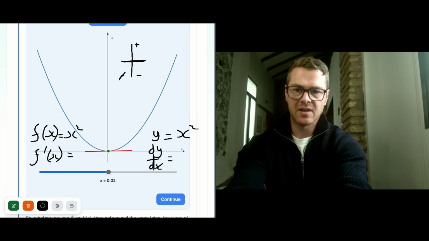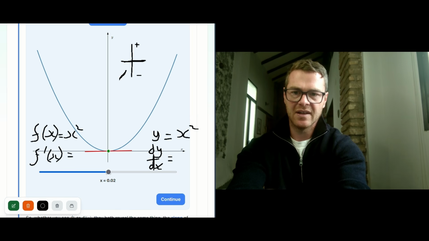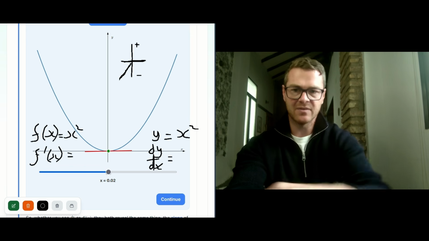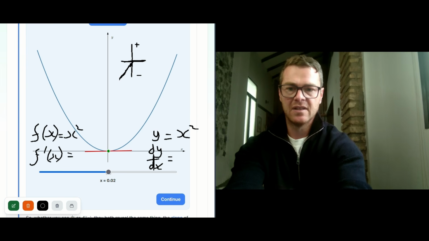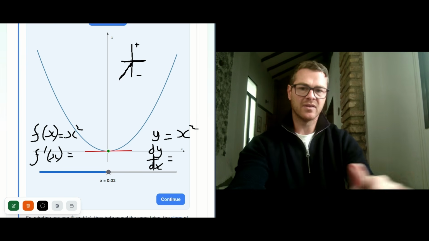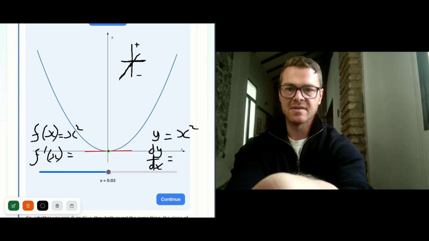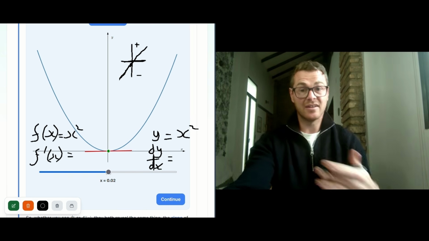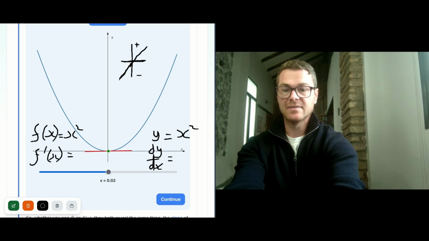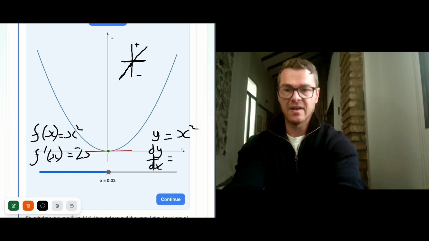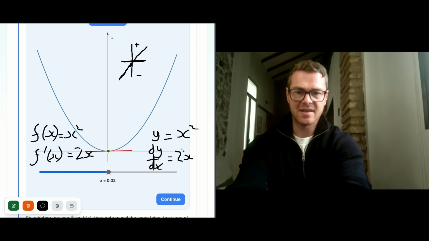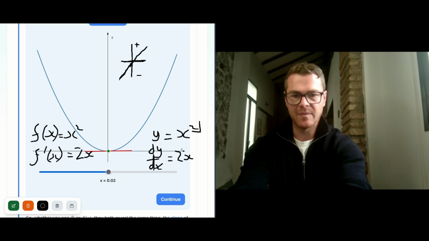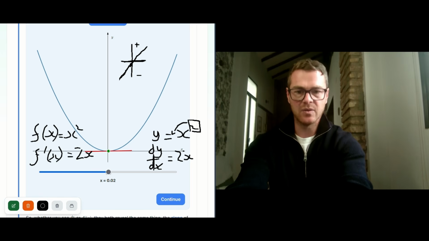As it gets closer and closer to the point 0, it becomes less negative as it levels out a bit. It gets to 0, and then as it takes off on the other side, it gets really, really positive again. Now that is a linear graph. The equation for that line is 2x. And you can see what's happening here: I'm bringing the power from the top, I'm bringing it down, and then I'm taking 1 from the power.